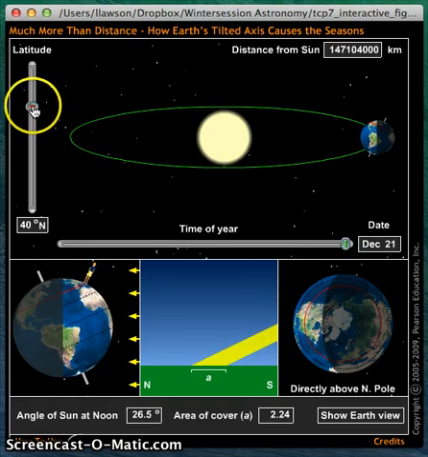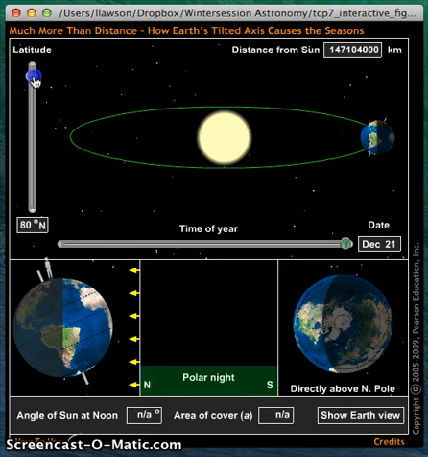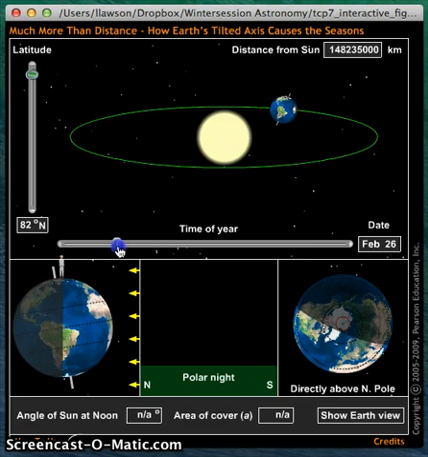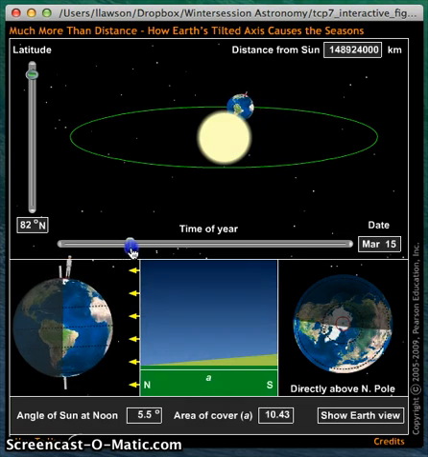Let's just look at this and how it might be different if we change our latitude, if we move up near the North Pole. And let's take this back and let's run it here and notice how things look different. Now you see for this person, they were in the dark, and now as we approach spring, yay, the sun's coming out.